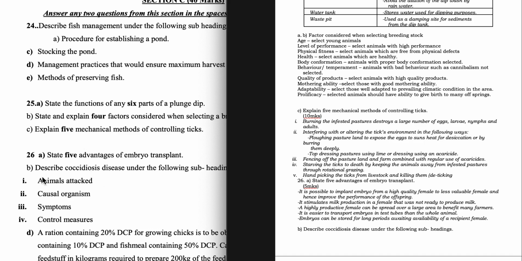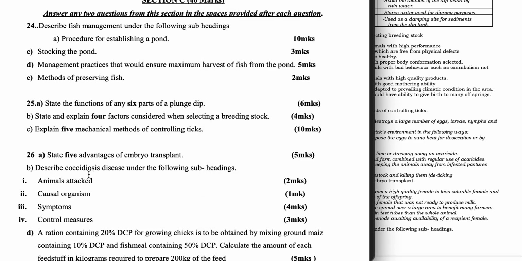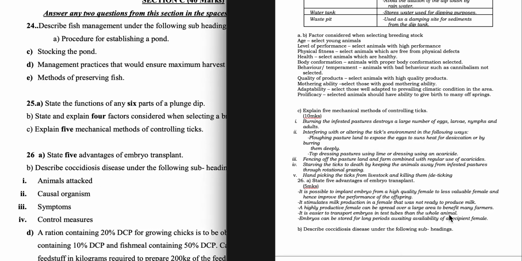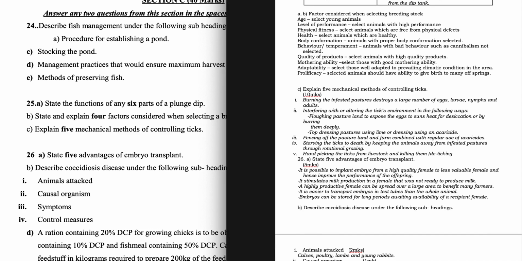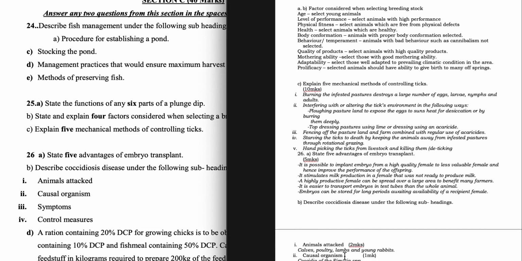26b. Describe coccidiosis disease under the following subheadings: animals attacked. So animals that are attacked by coccidiosis are calves, poultry, lambs, and young rabbits.